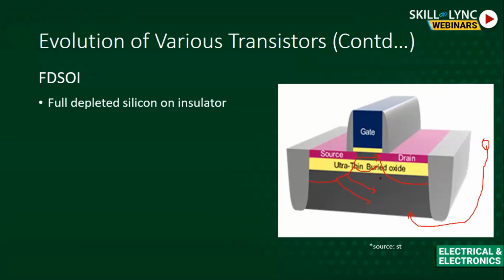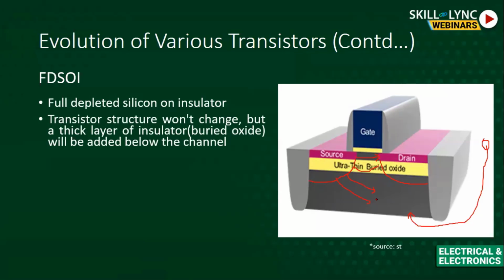So I can say a backgate is formed over here. You can see the source and drain on the top, we have one gate, and as we have the ultra thin buried oxide underneath, one backgate is formed over here. The transistor structure won't change, but a thick layer of insulator will be added below the channel, as I said, and the leakage will be very low compared to the planar CMOS.